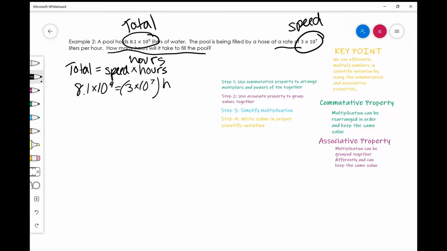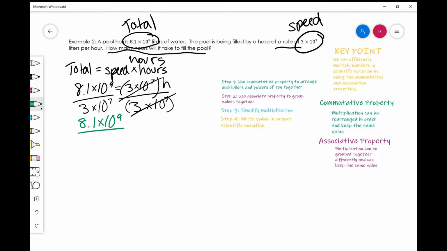What do I need to do in order to isolate h? Well, in order to isolate h, I can divide both sides by 3 times 10 to the 7th power. That means that we'll cancel out over here, and I'll be left with 8.1 times 10 to the 9th divided by 3 times 10 to the 7th.